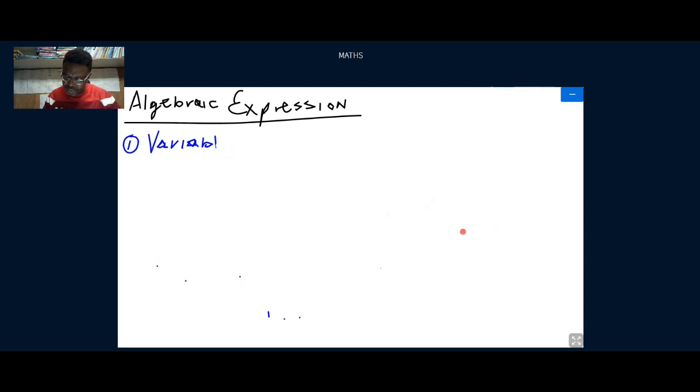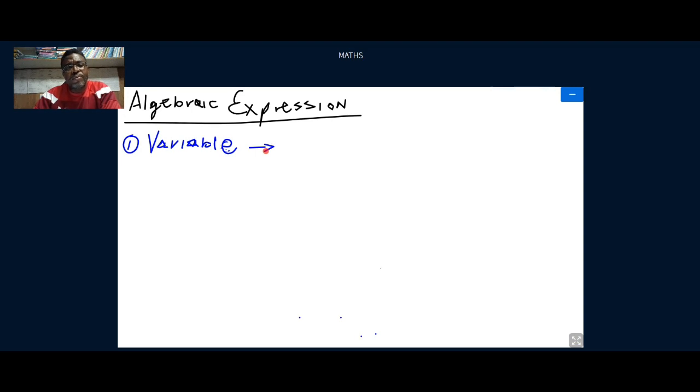A variable. My E is too big now. Doesn't matter as long as you can read. A variable.